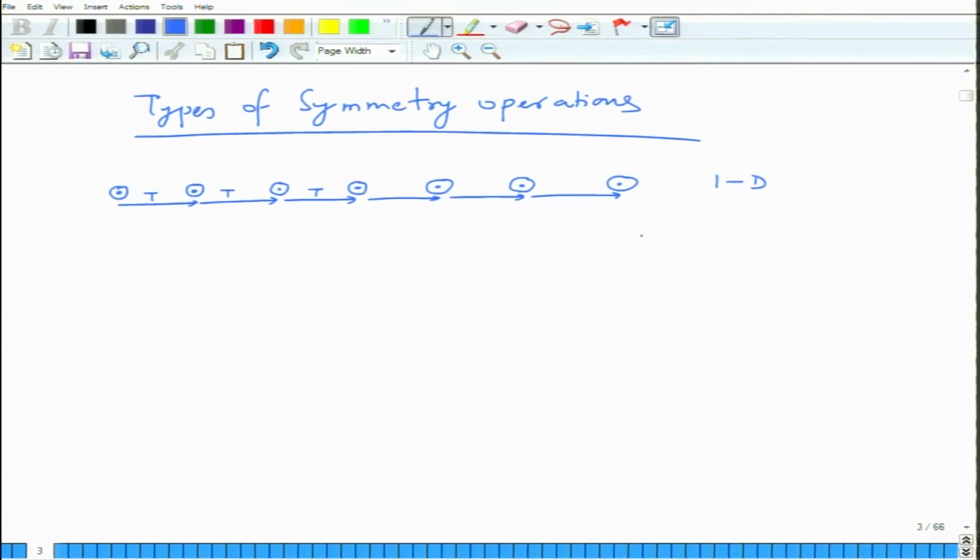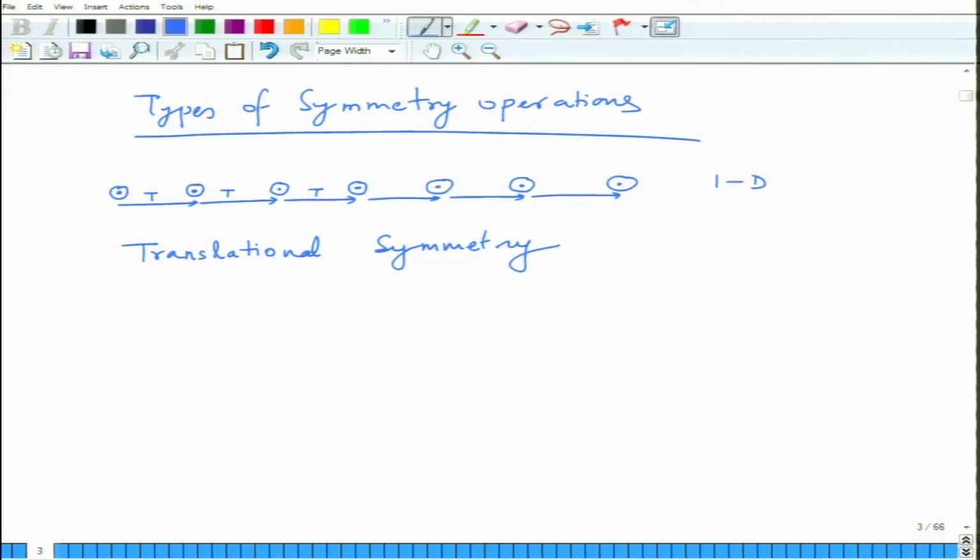So this is a case of what we call translational symmetry, and this is a defining symmetry in 1D. In 1D you must have translational symmetry.